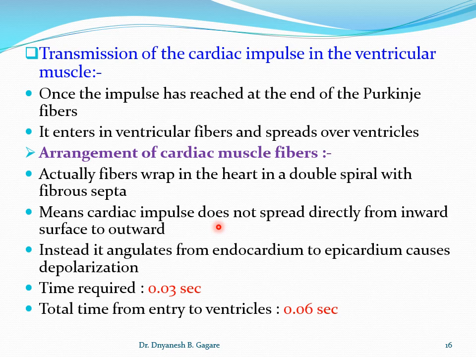That means the cardiac impulse does not spread directly from the inward surface to the outward surface. Instead, it angulates from the endocardial surface to the epicardium, causing the depolarization. So the impulse is not directly spread from the inner surface to the outer surface, but angulates around the fibrous septa.